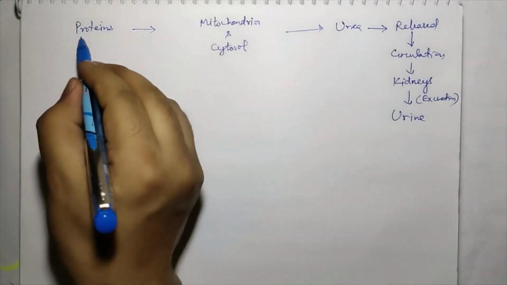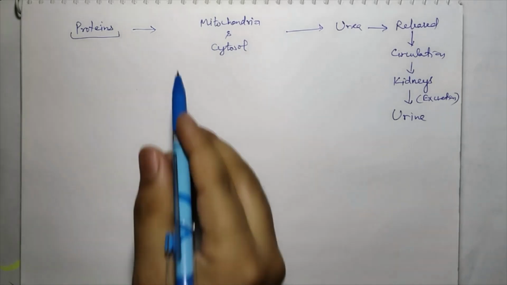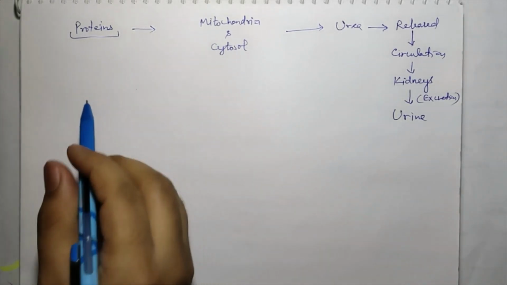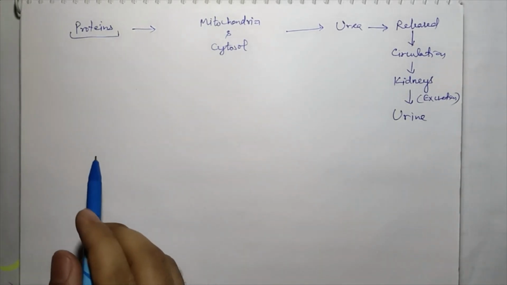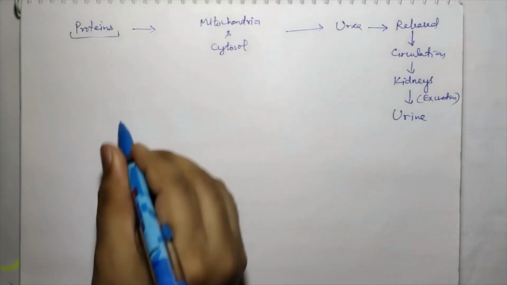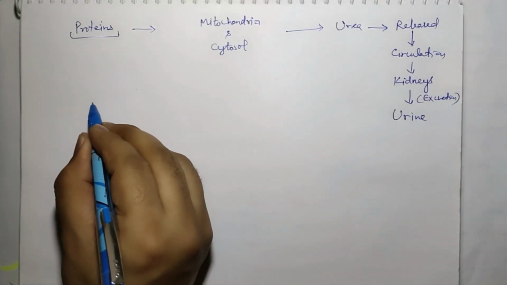So first, proteins have catabolic products which are observed in the form of ammonia.